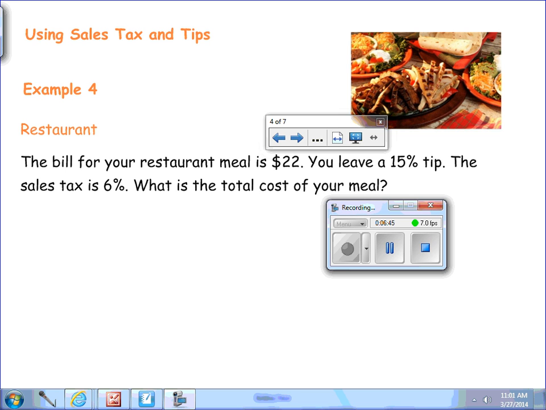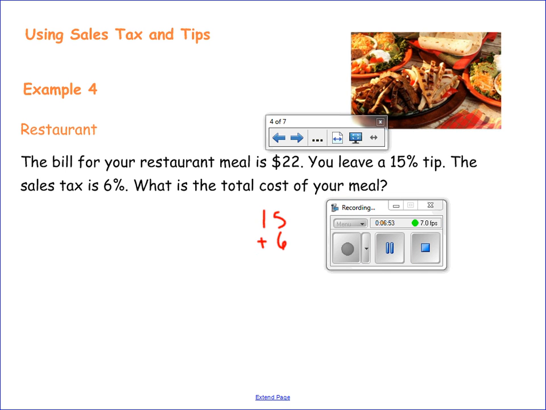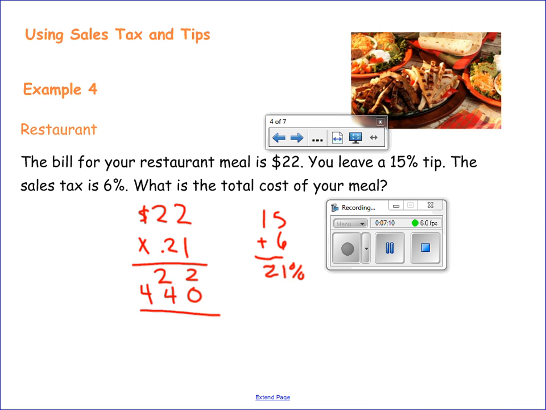Now in this example, what I would do is add the 15% tip to the 6% sales tax. So 15 plus 6 is 21. So we need to determine what is 21% of 22. So I would take the $22, multiply it times 0.21, my percent. $4.62.